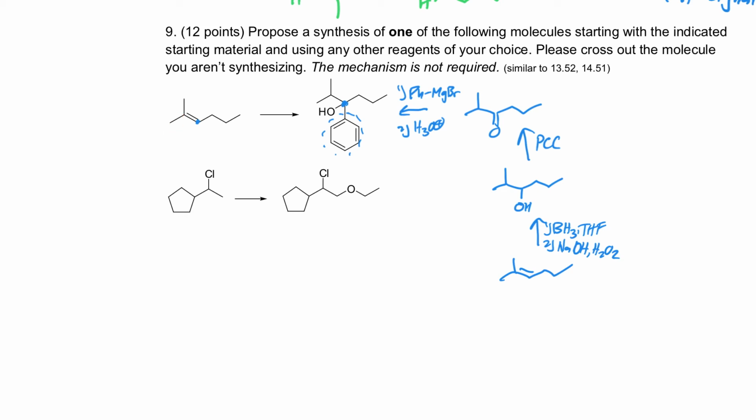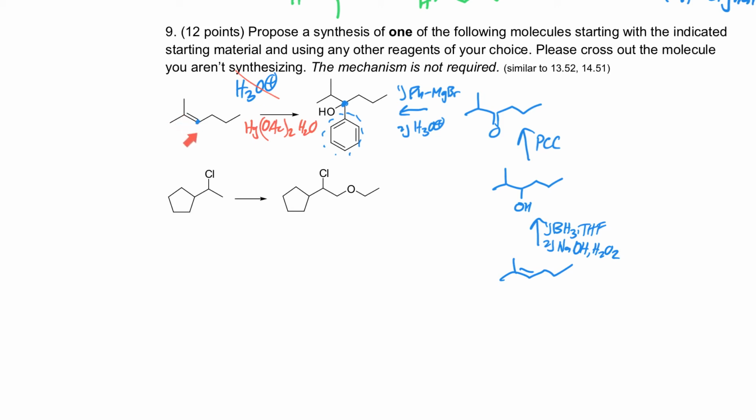In fact, a lot of students tried that. Some just added acid and said, oh, I made the OH appear where I wanted it to. Well, that's not going to work, right? Acid is going to put the OH here, not here. Some students added HgOAc with water and said, great, I'm going to get the OH where I want it. No, that's going to add the OH right here as well.